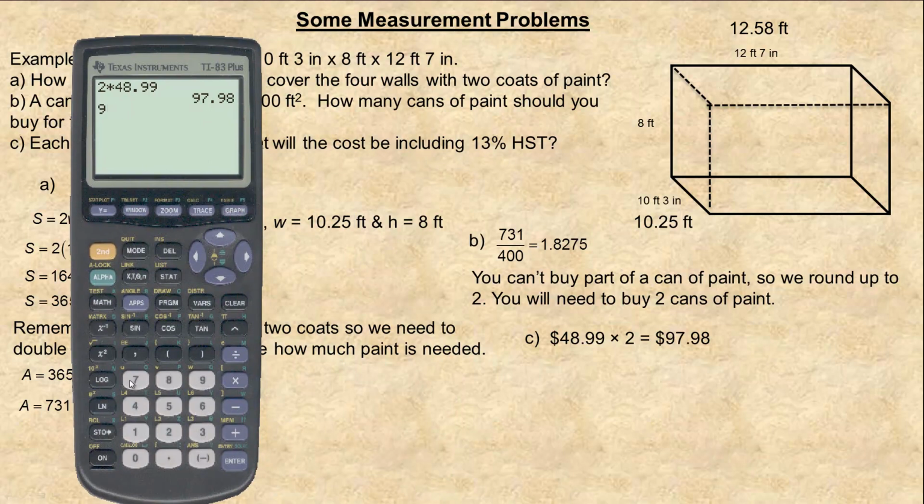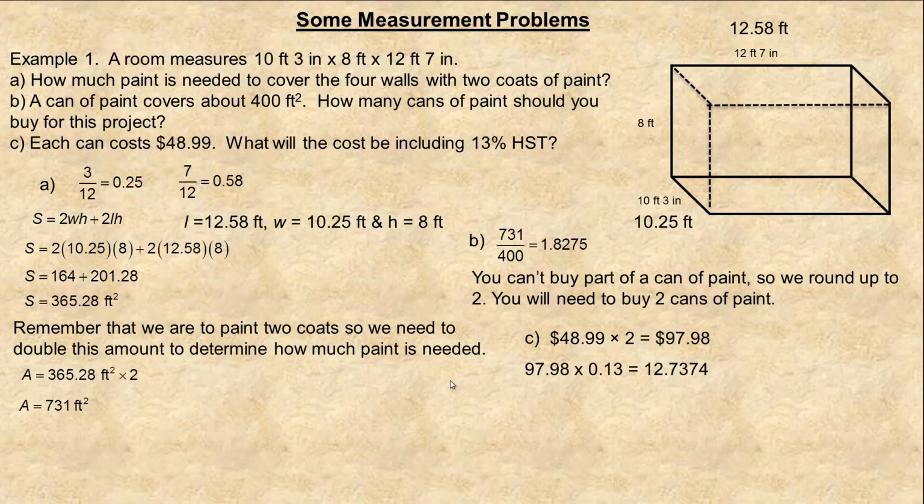We take the $97.98 and multiply it by 0.13. So that's the tax, $12.74, rounded to 2 decimal places. So there's the calculation. We would be adding the $97.98 and to that the $12.74 tax, so $110.72 would be the final price including tax.